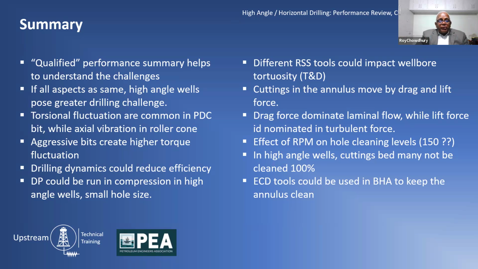Now, Muhammad Zubair asked me the question: what will be the position of the roller reamer in a directional BHA, full gauge or under gauge? Roller reamers, I personally prefer 1/16th under gauge. I have worked for Chevron, British Petroleum, and several other companies, and they all go at least a little bit under gauge.